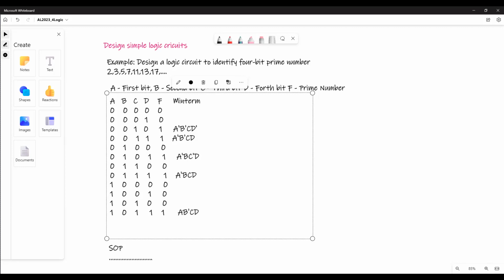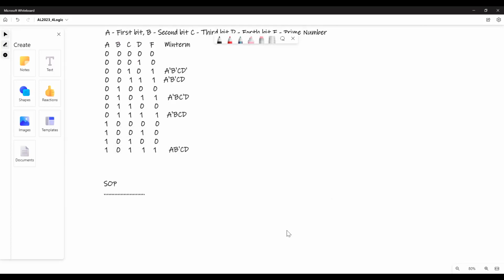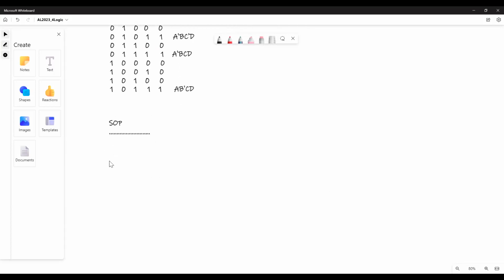So we have drawn the truth table, right? Now, since you have already finished, I will do this until I type. I want you to obtain the SOP, meaning we know the SOP expression, write it down. I will finish. Until that, you can start.